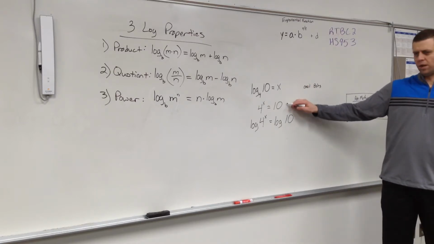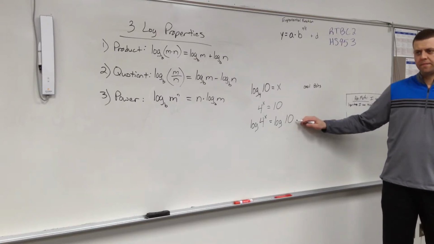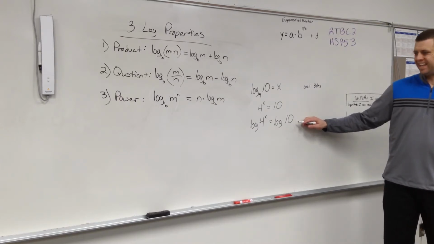So first step I put it in exponential form. Next step I log both sides, which is okay, as long as you do the same thing to both sides of the equal sign, it's all good, right?